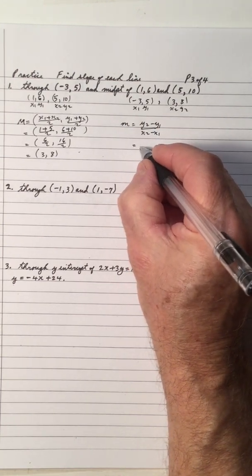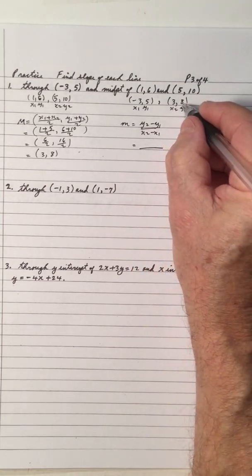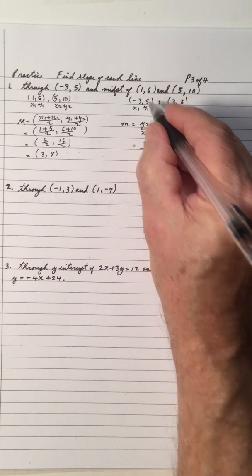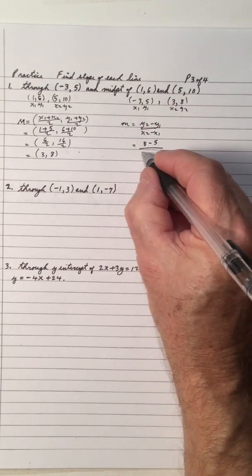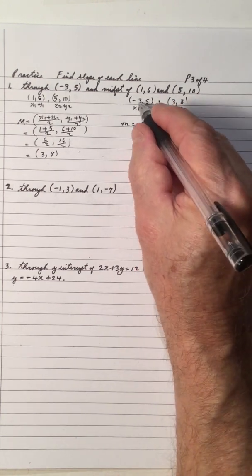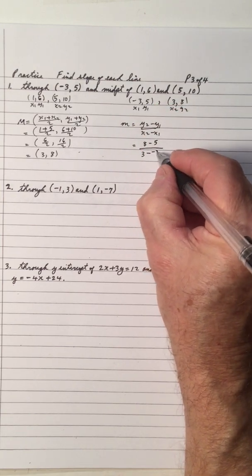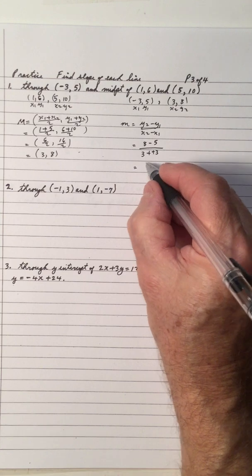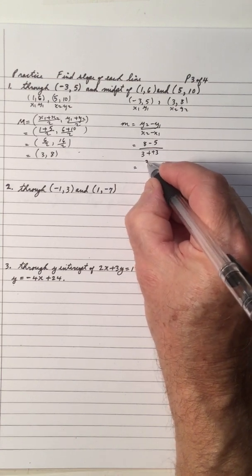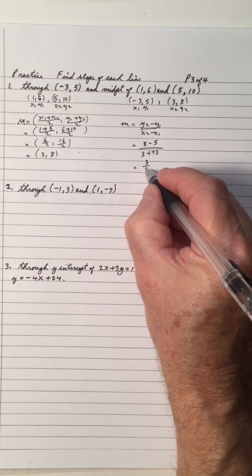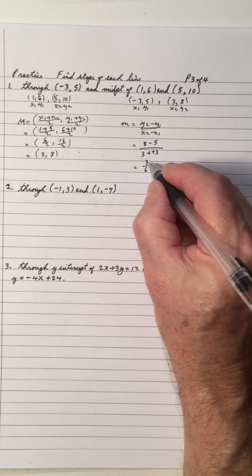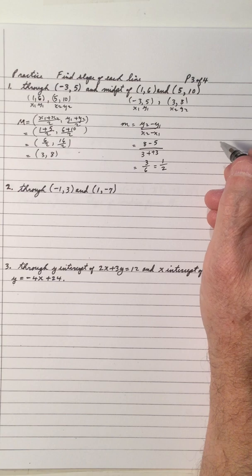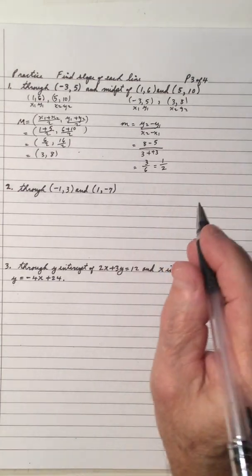So y2 is 8 minus y1, which is 5, and x2 is 3 minus x1, which is -3. And notice we have a double negative, so let's make it a positive. So 8 minus 5 is 3, 3 plus 3 is 6, and 3 over 6, 3 into 3 goes once, 3 into 6 goes 2. So the slope of the line is a half.